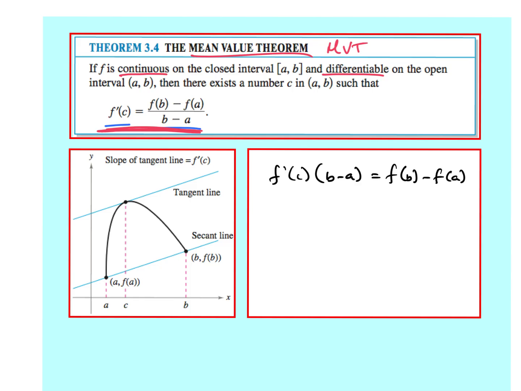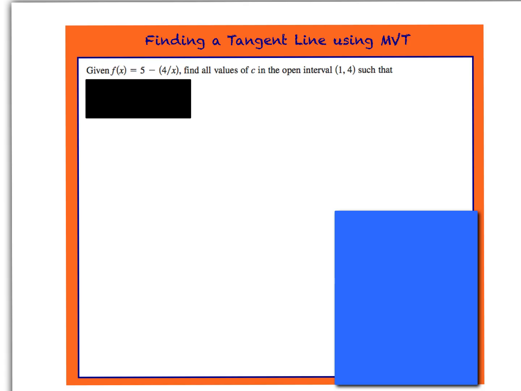Does anybody know what this actually is? This is point slope form of a line, exactly. So this is like your y minus y1 is equal to the slope, which is the derivative, times x minus x1.